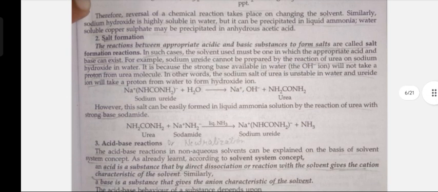The second one is salt formation. The reactions between appropriate acidic and basic substances to form salts are called salt formation reactions. In such cases, the solvent used must be one in which the appropriate acid and base can exist. For example, sodium ureide cannot be prepared by the reaction of urea with sodium hydroxide in water.